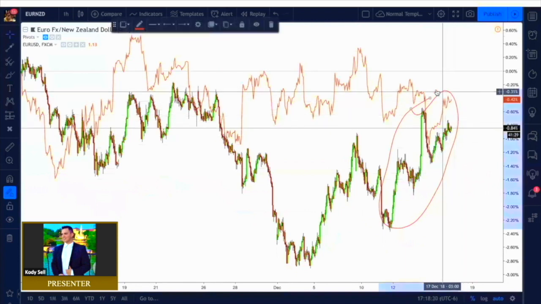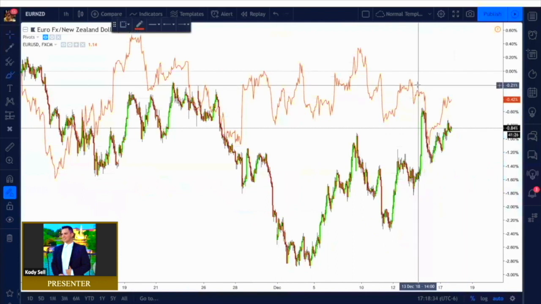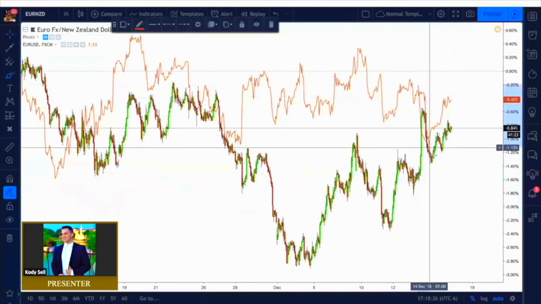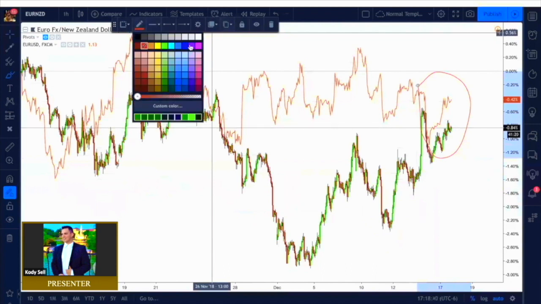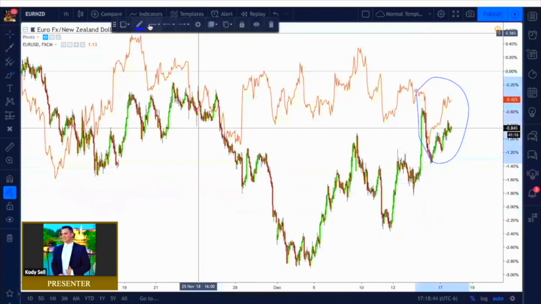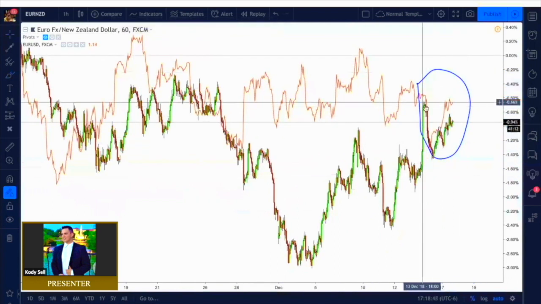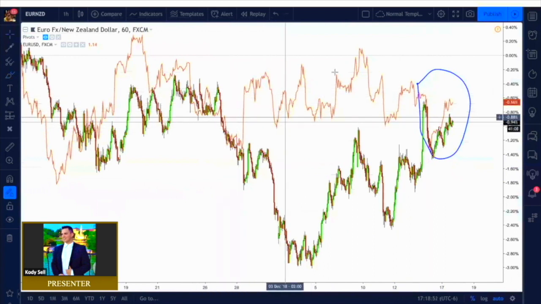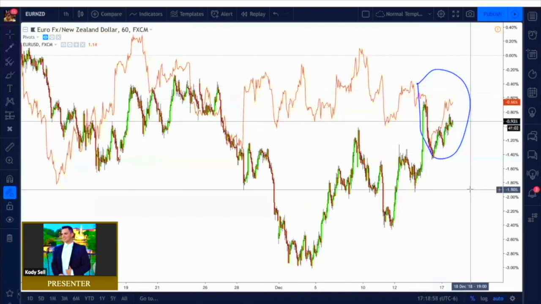Do you see? Look at this right here. I'm going to make this a different color and a little thicker because it's kind of confusing. There we go. You see how they're almost on top of each other. Euro USD, represented by this red line, is falling right here, the same as Euro New Zealand, and they've both been rising since.